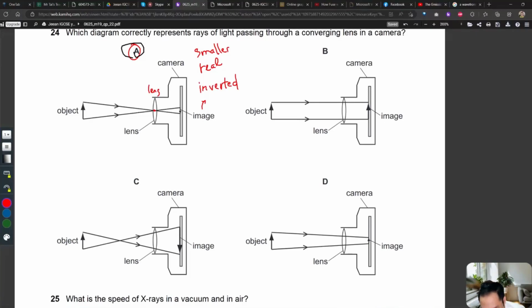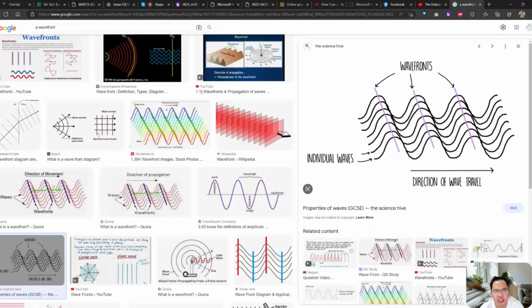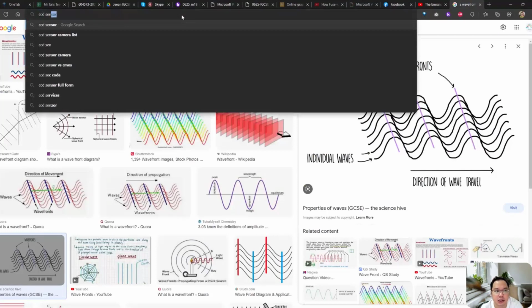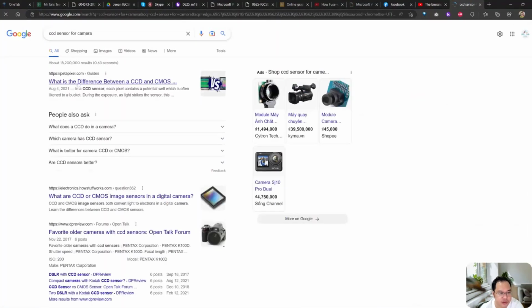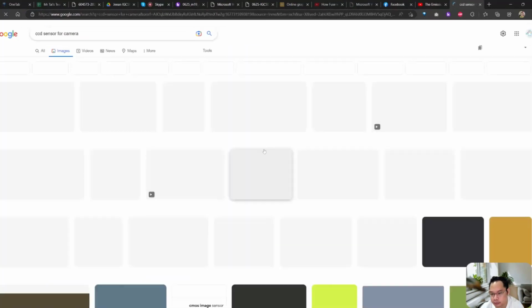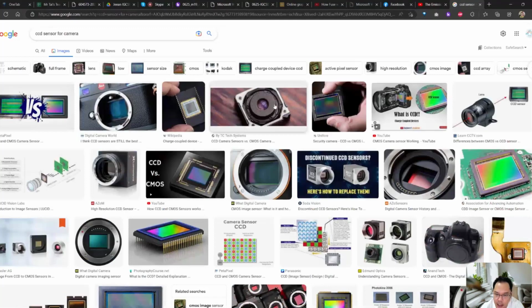The greatest company making that sensor is Sony. Recently, almost all flagship phones like iPhone, Samsung S and Samsung Note use sensors made by Sony. It is called a CCD sensor for cameras. The function of the CCD is to transform the light signal.